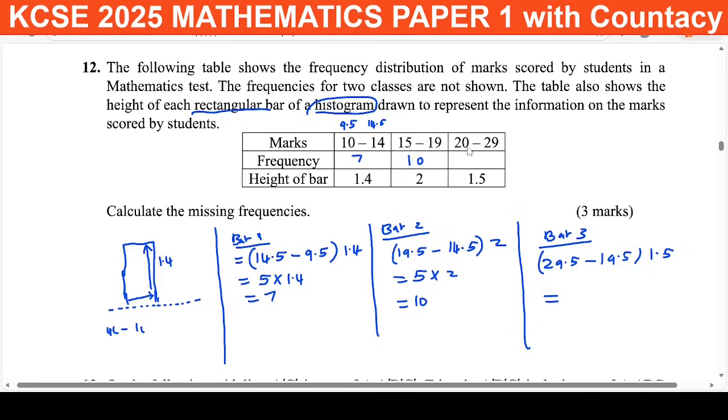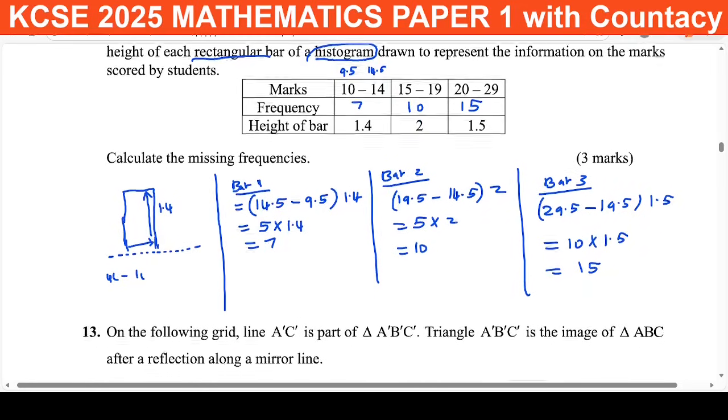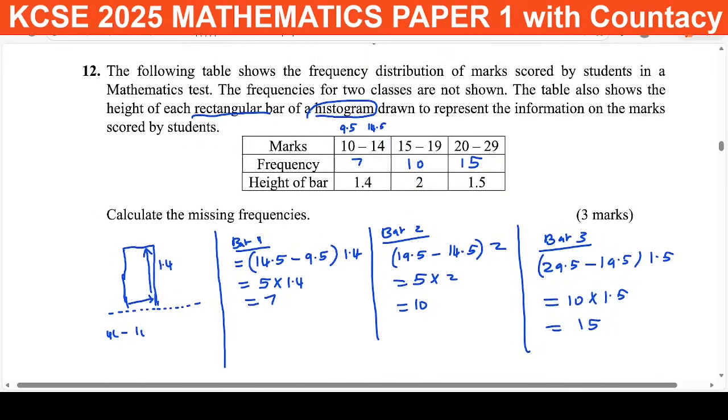This is going to give you a 10, multiplied by 1.5, and this is going to give you 15. We are told to calculate the missing frequencies, and I believe we've been able to do that. That is 7, 10, and 15. Is there anything else the question requires us to do? Not really. That is the required solution.